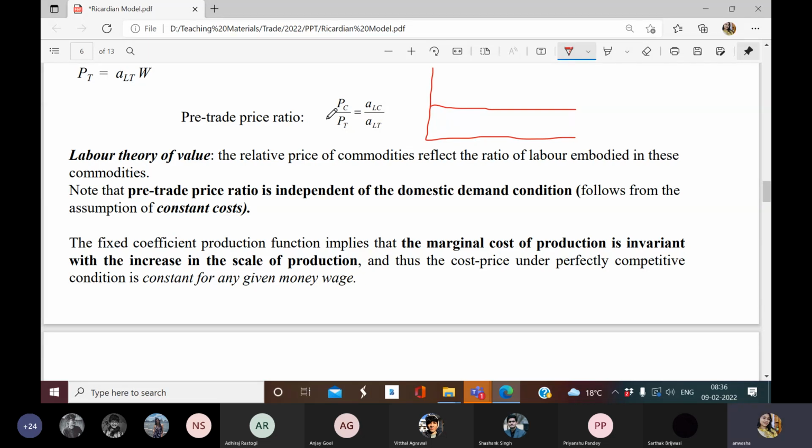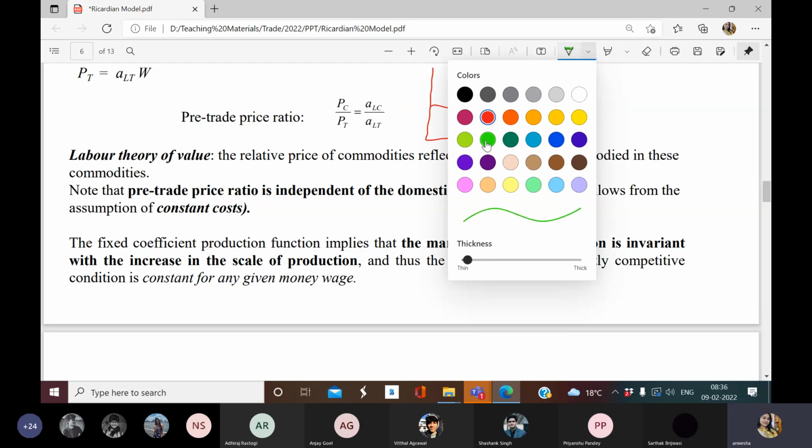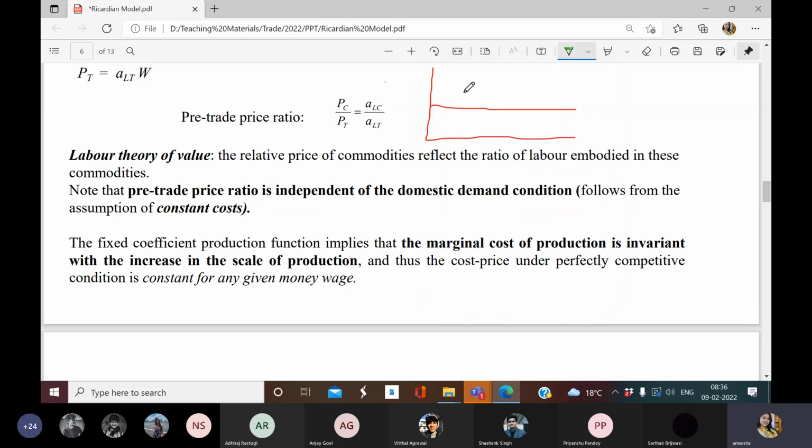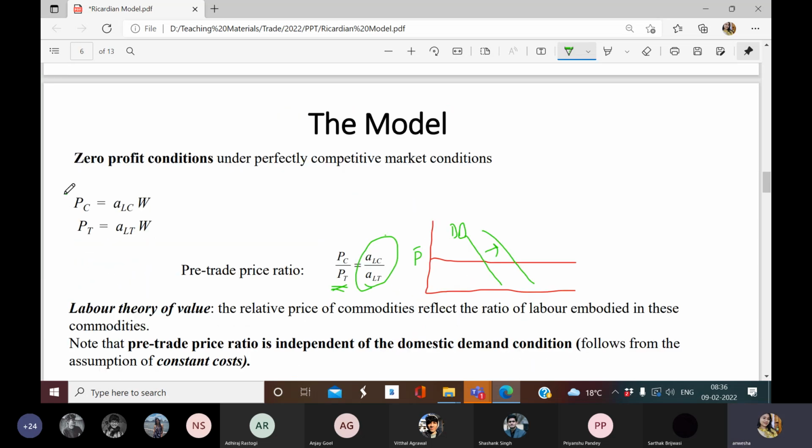So under constant cost and CRS, price is entirely cost determined. It is independent of domestic demand, as we have already seen. Suppose this is the initial demand, then price is P bar. If demand changes, price remains unchanged. So the price ratio depends only on the amount of labor requirement, because this is how you get the relative price.